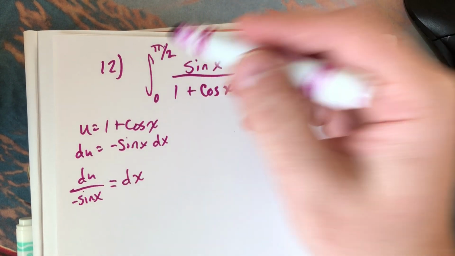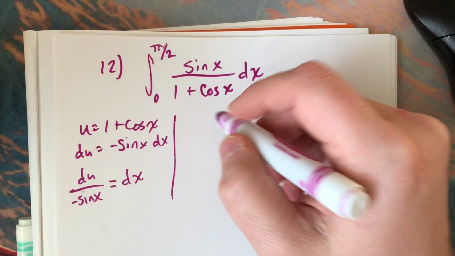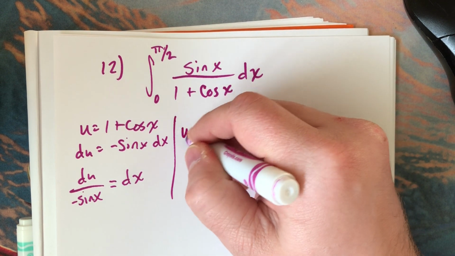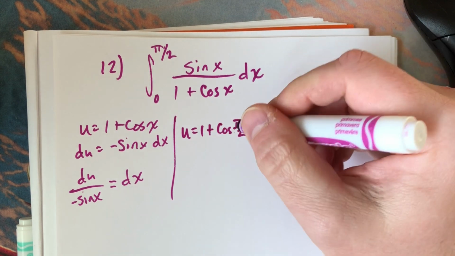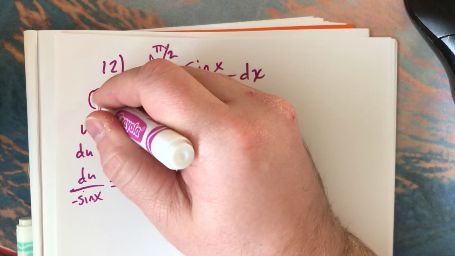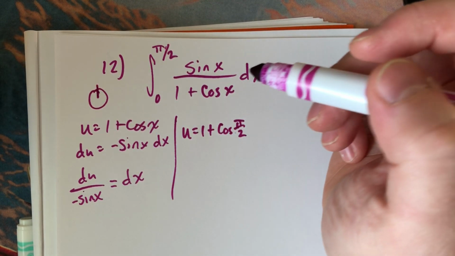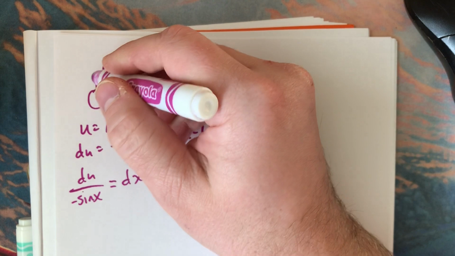And then we'll also need to kill the bounds, turn them into u's. So when I plug in pi over 2, u is equal to 1 plus cosine pi over 2. And cosine pi over 2, with a circle, pi over 2 is up top. So cosine is the x coordinate, so 0.